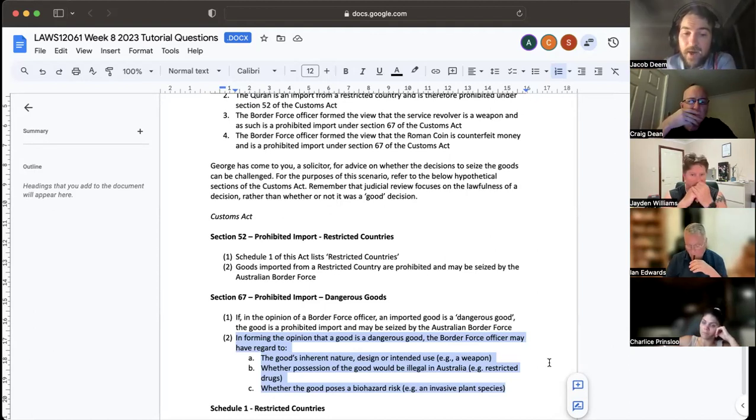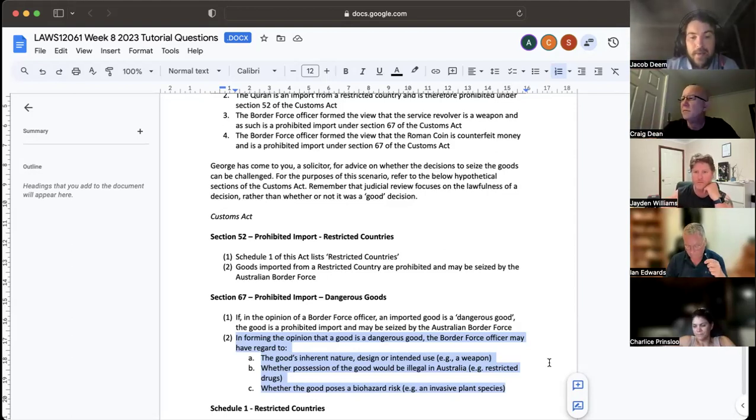But I take your point, right? And especially with something like customs and border security, agents are given so many more options in deciding what to do. So that's a fair point.